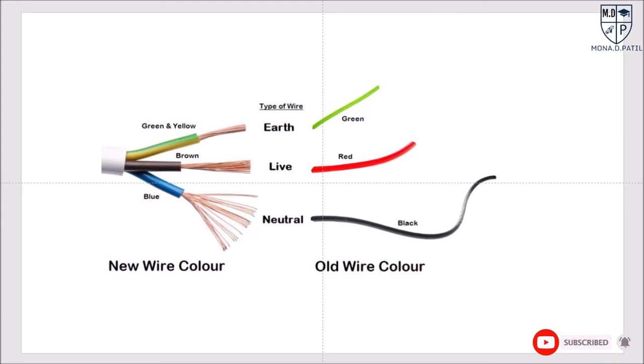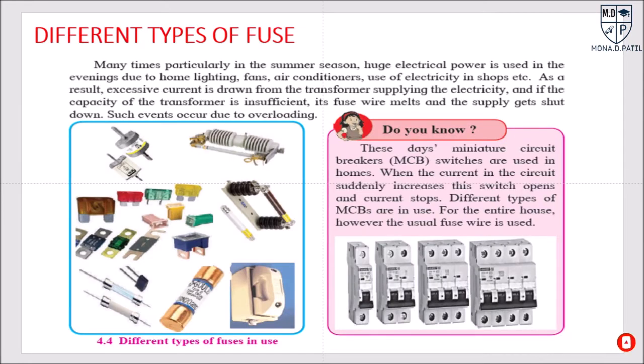So these are the 3 wires used for carrying electricity in households. The live and neutral wires have a potential difference of 220 volts. The earth is connected to the ground.